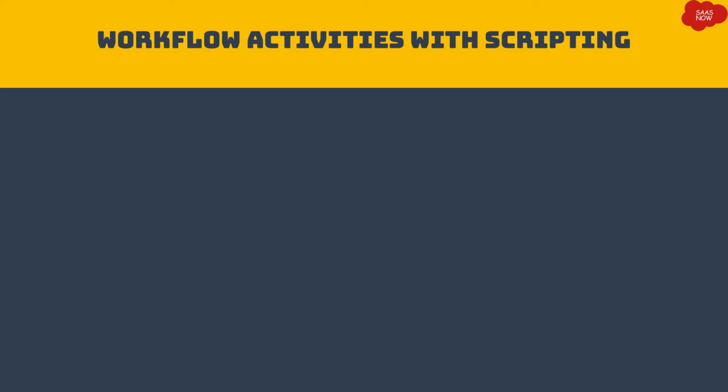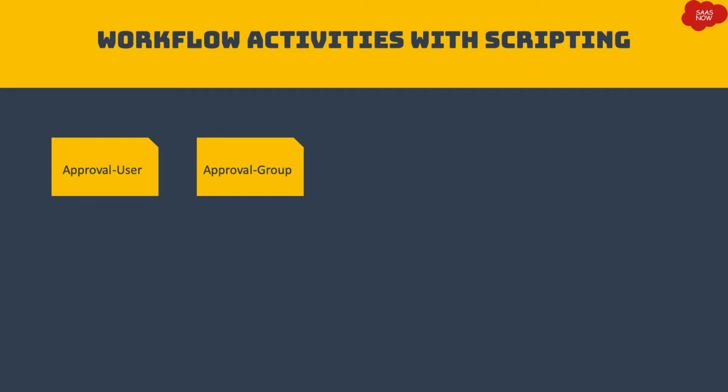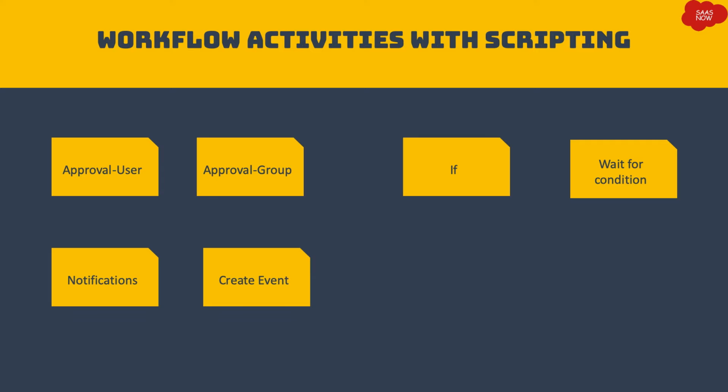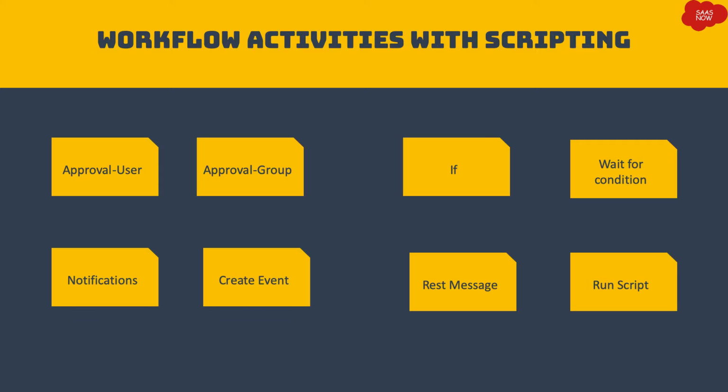So these are the activities where you can do scripting, and the activities are approval user, approval group, if, wait for condition activity, notifications activity, create event activity, rest message activity, run a script. These are just examples. There are other activities as well where you can do scripting in ServiceNow in workflow.